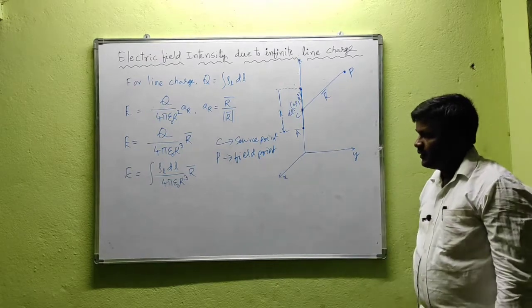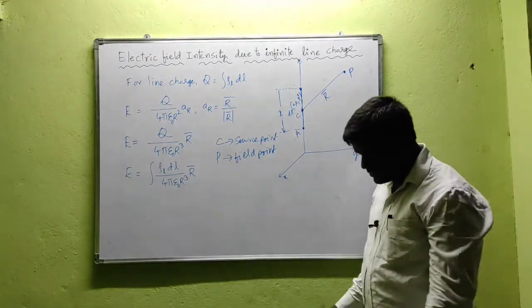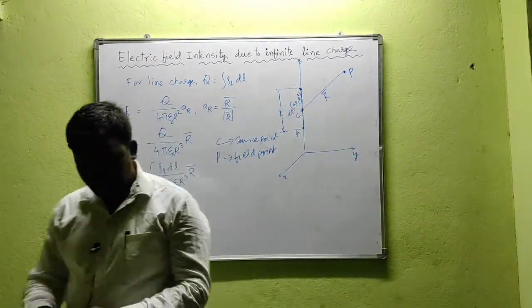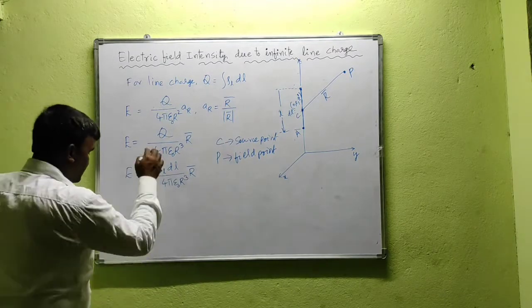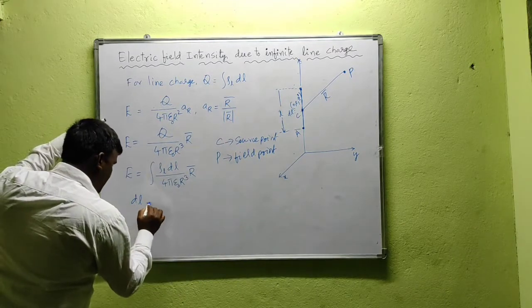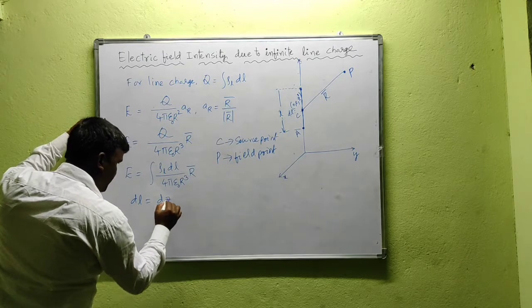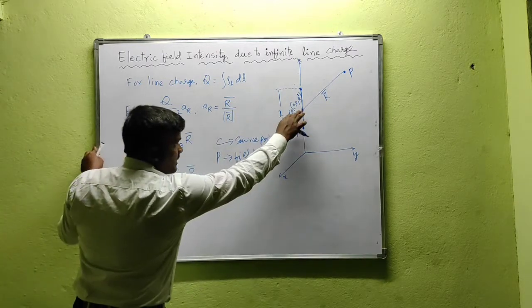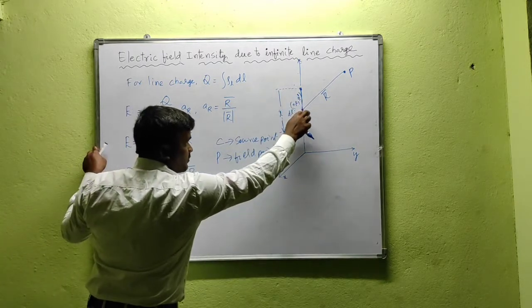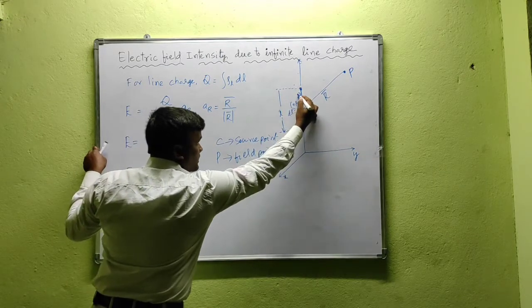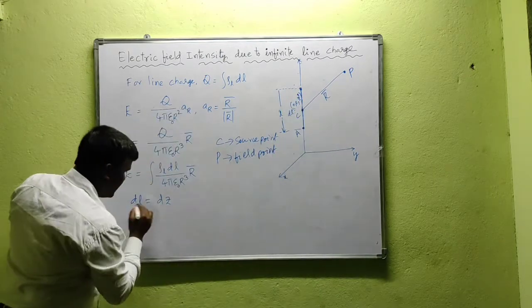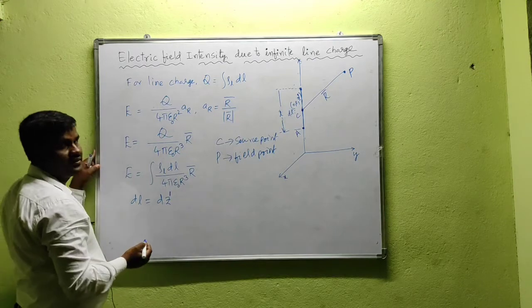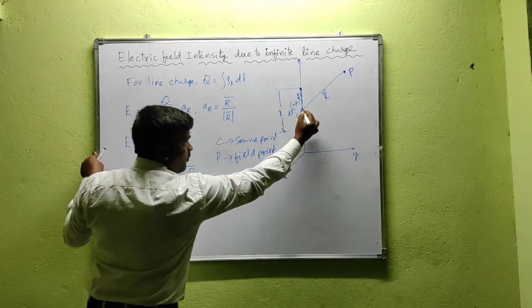Okay. For this case, as we consider the line charge along z axis, this dl can be taken as dz. More exactly, as we consider source point at this location, that is point C, here we consider point as z dash. So that's why dl can be taken as dz dash, the length of this point.